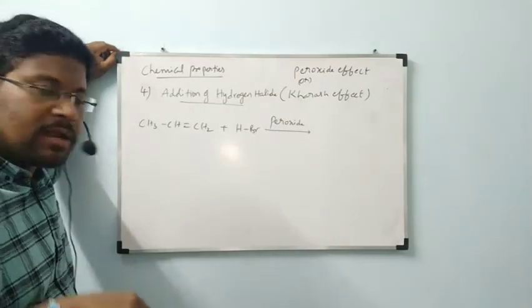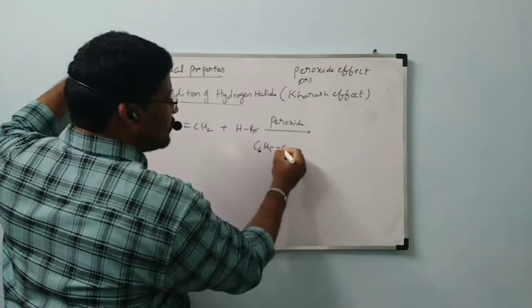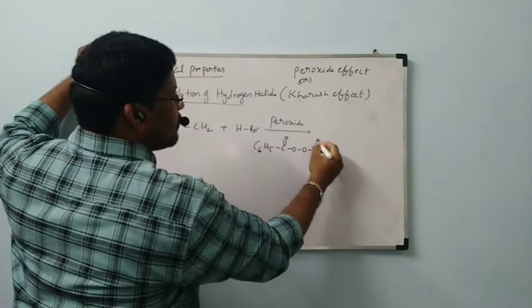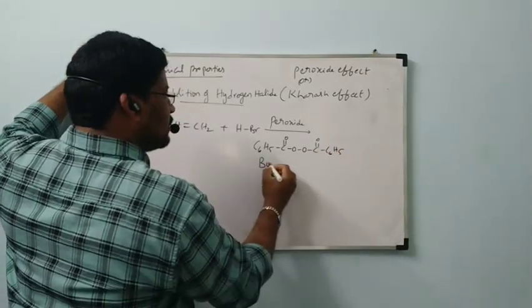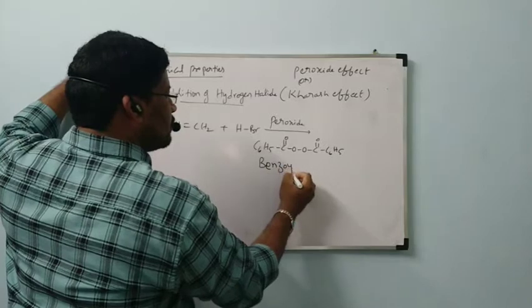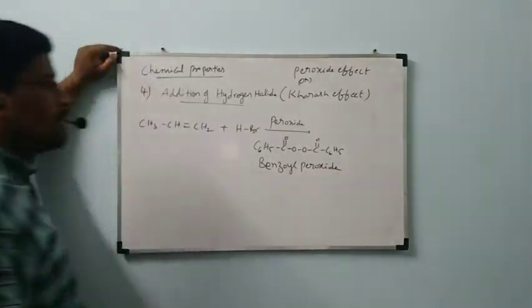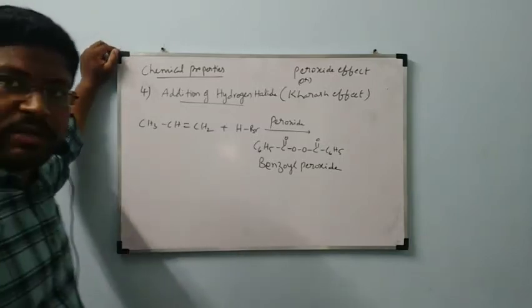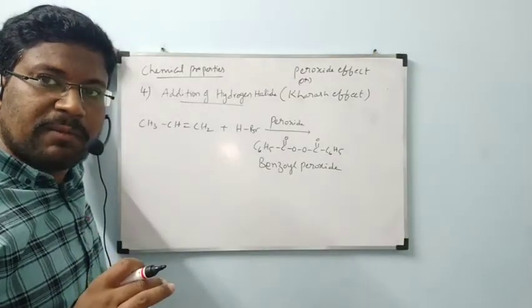Now, in the presence of peroxide, for example C6H5C(=O)O-OC(=O)C6H5, this is called benzoyl peroxide. Here also we will get two products, but oppositely the major product will be obtained.